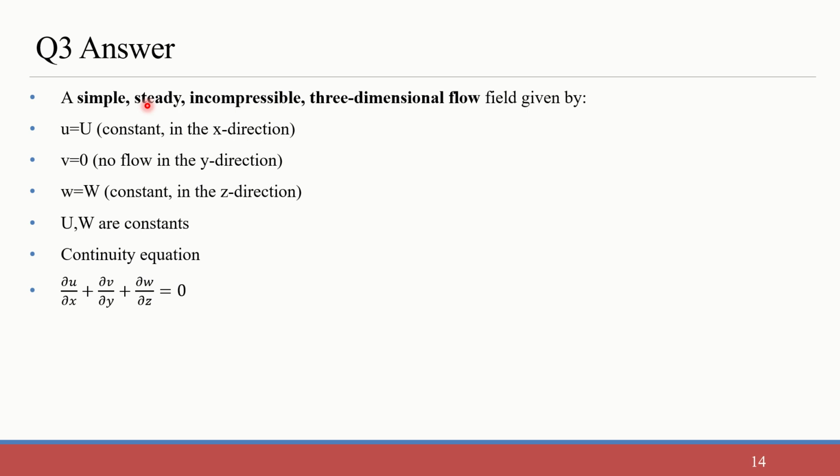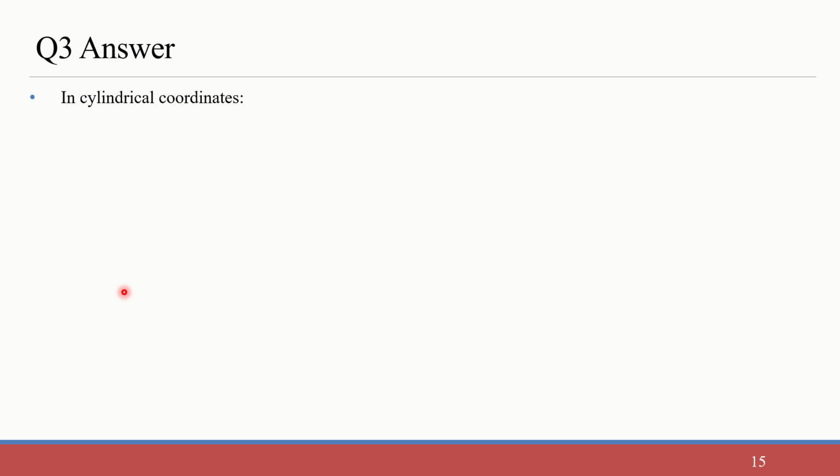Since U and W are constants, the continuity equation is automatically satisfied, because if we take the derivative of a constant it will be 0. So it is satisfied. That is just for information. It is not required to check it here, because the question directly asks for the velocities in the cylindrical coordinates.